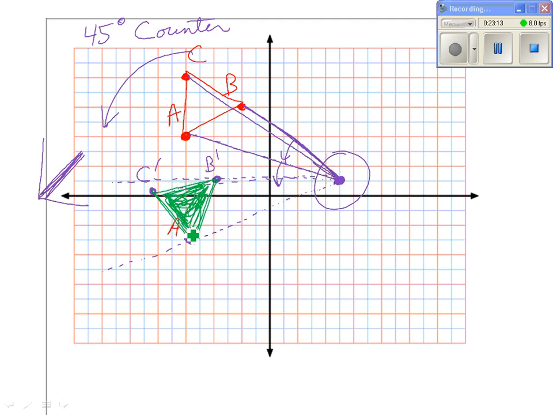If I put something like this on the test, am I going to throw a real big fit if your shape isn't exactly the same as the original? No. All right, because I'm asking you to just sort of get a picture of what it's going to look like, not be exact. Now, if it's 90 degrees about the origin, then do I want you to be exact? Yeah, because you have a rule for that, and you should be able to use that rule.